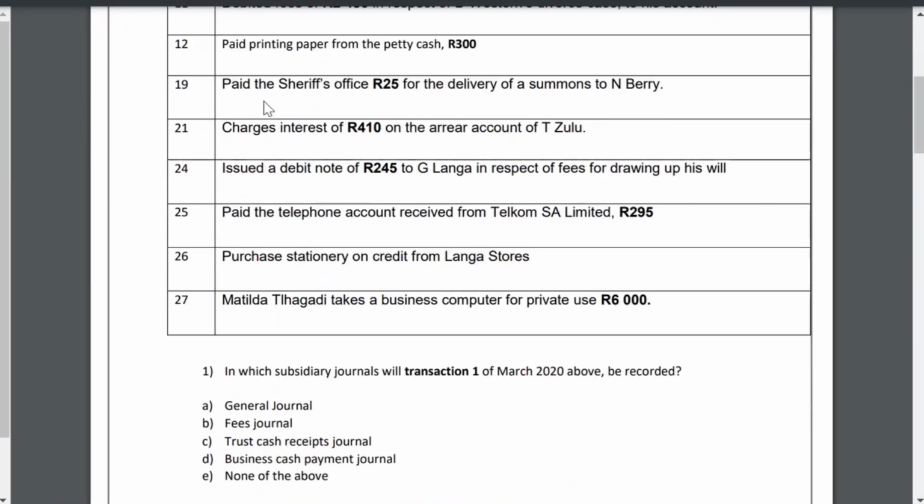And then number 19: paid the sheriff's office 25 Rand for the delivery of a summons to Enberry.